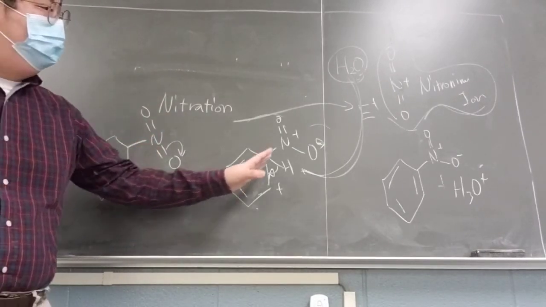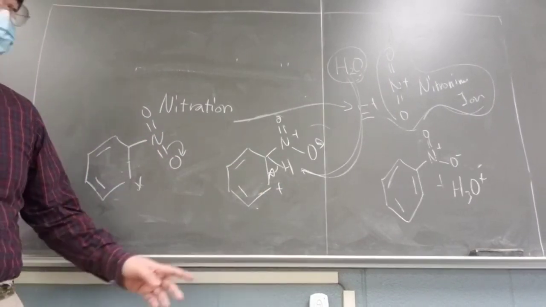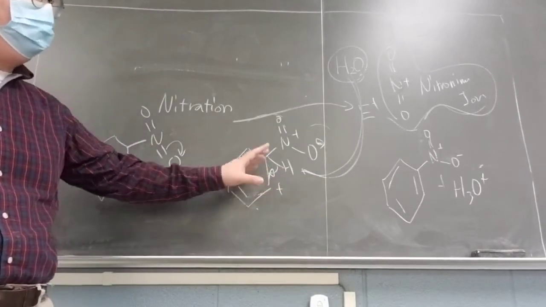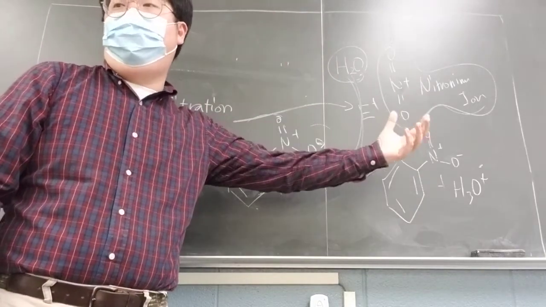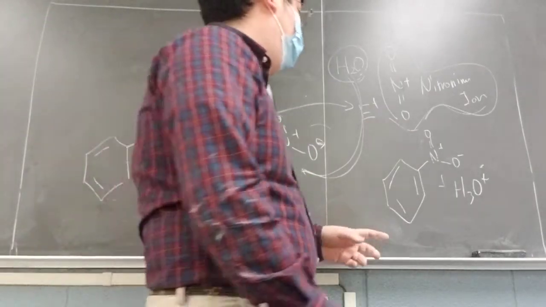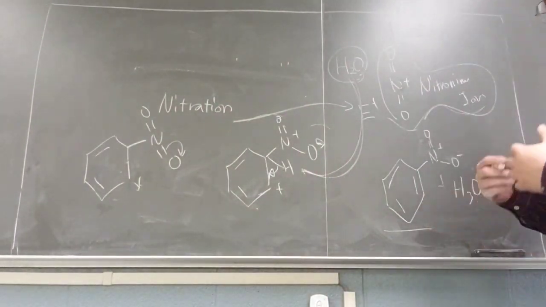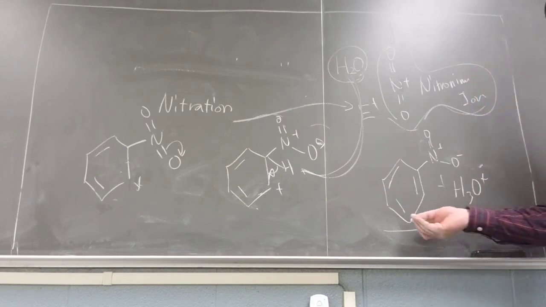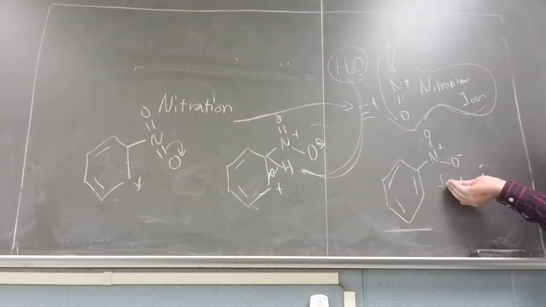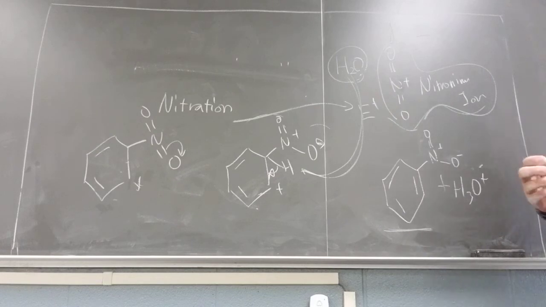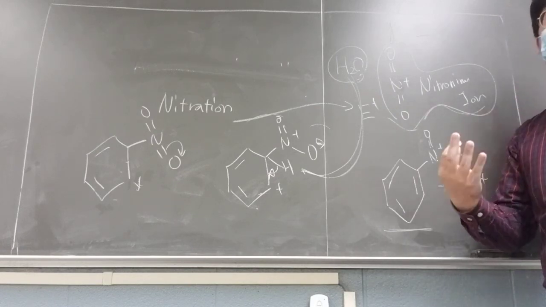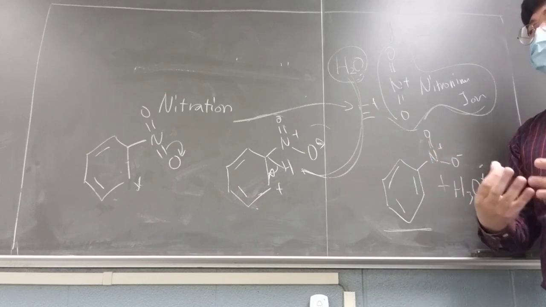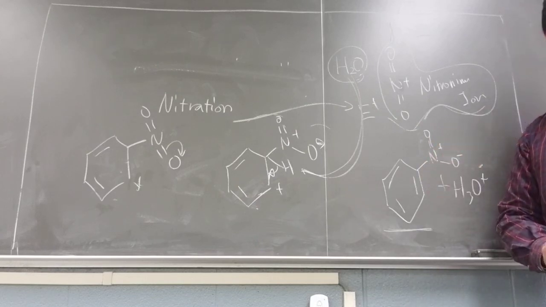Then they can just pick up the hydrogen on that position with the water, which behaves like a base here, and put it back into the original aromaticity, which is more stable. That's why they want to do it this way, so they can still keep the aromaticity, which makes very stable products, which is the more favored way they want to proceed.